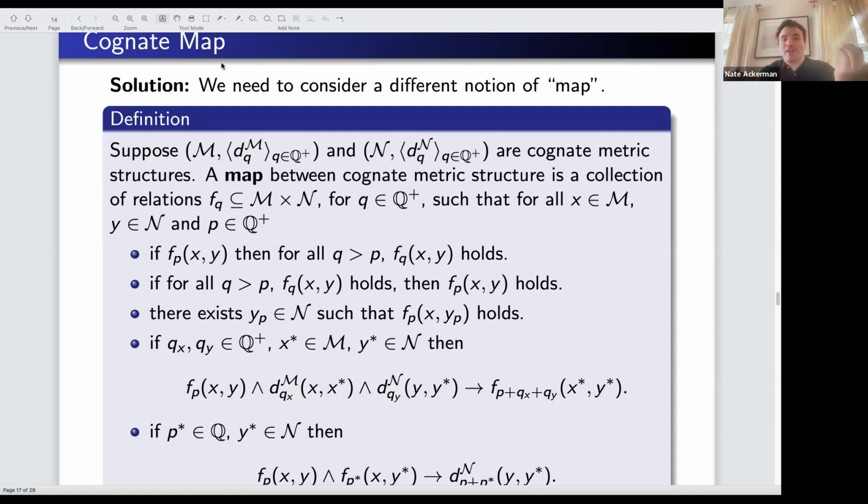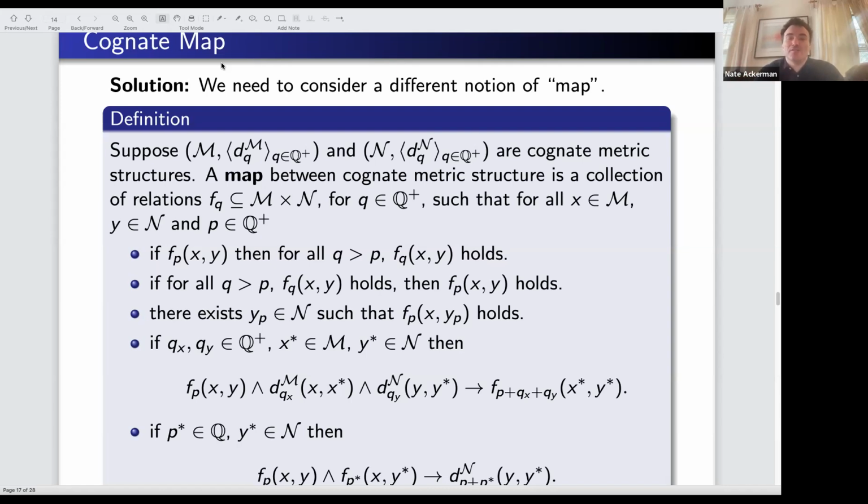So we only have to worry about mapping the dense subset of the domain to the range. But if I have a dense subset of the domain and a dense subset of the range, there's no reason that the image of the domain has to hit my dense subset of the range. It might hit things that are in the completion.